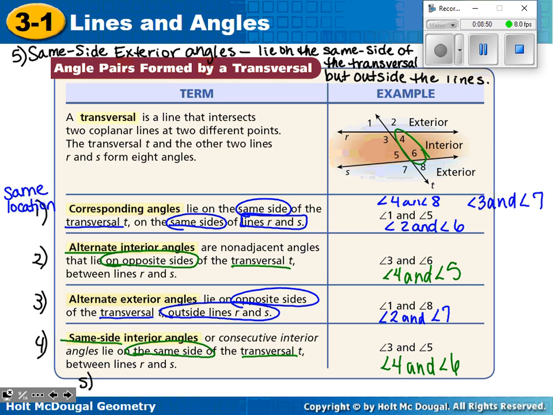Okay, so same side exterior. The name tells you exactly where they're at. They're on the same side of the transversal, but outside the 2 lines, exterior.